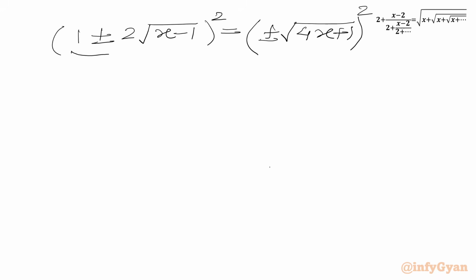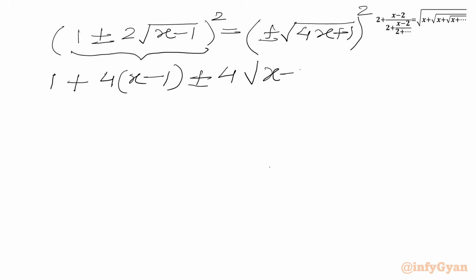Now we have to use a plus minus b whole square formula over here. So we will get a square plus b square. So 1 plus b square will be 4 times x minus 1. Then we have to write plus minus sign. 2 times 1 times 2 is 4. Square root of x minus 1 will be equal to plus, and square root square will be over. We will get 4x plus 1.